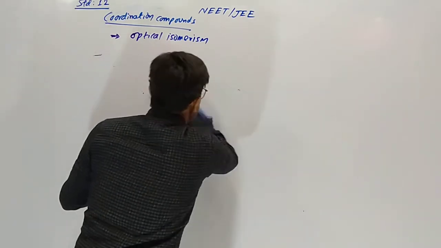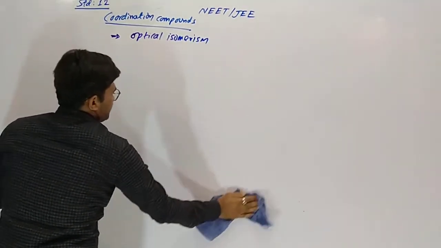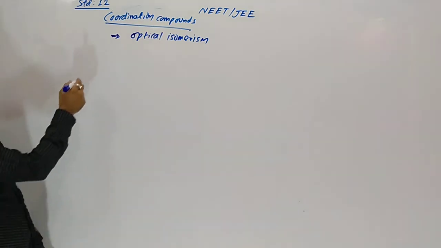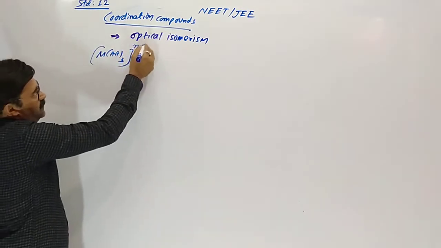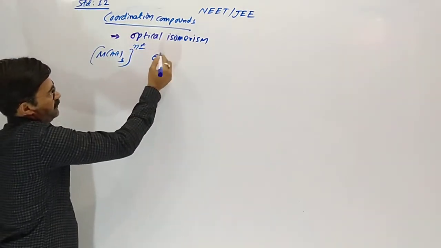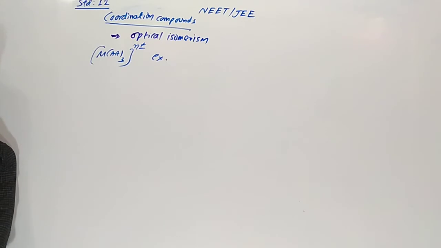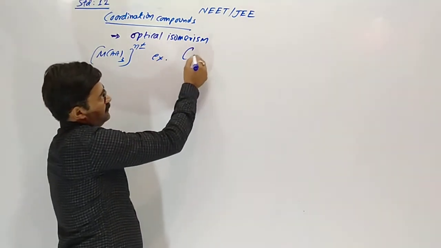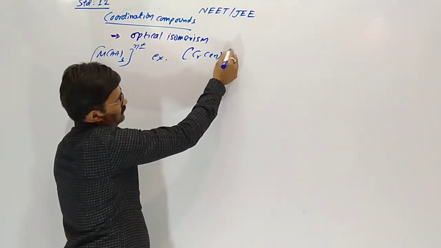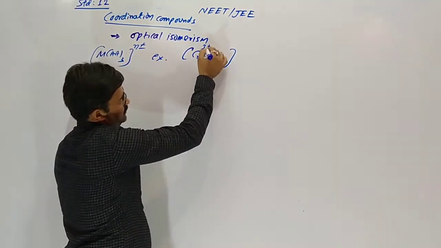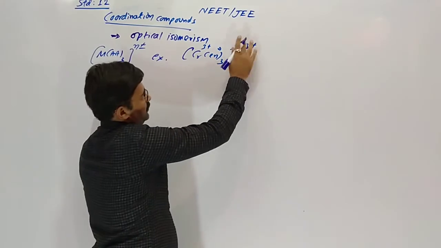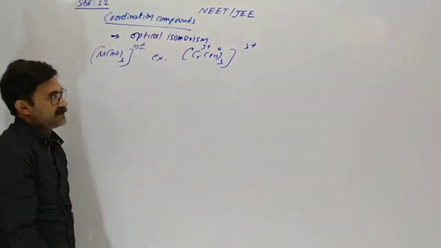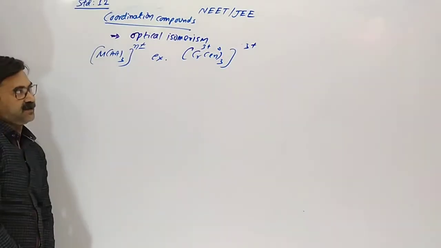First one, MAA3, plus or minus n. Example of it, Cr(en)3. Here the charge is plus 3, since en is didentate but its charge is 0.